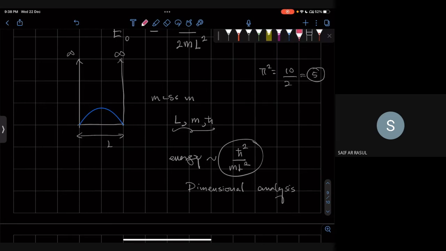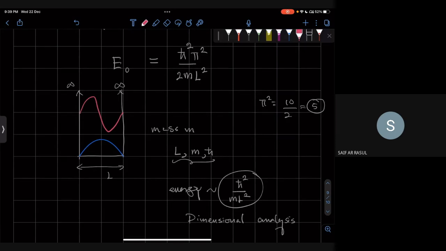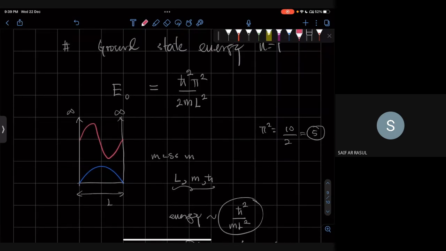And what about n equals 2? Is it going to be a sine wave or a cosine wave? The next one should be a sine wave. Very good. So it'll be something like this. What about n equals 3? It's going to be a cosine wave, right? And you can check that this is essentially going to be just this thing. Okay, so on and so forth.